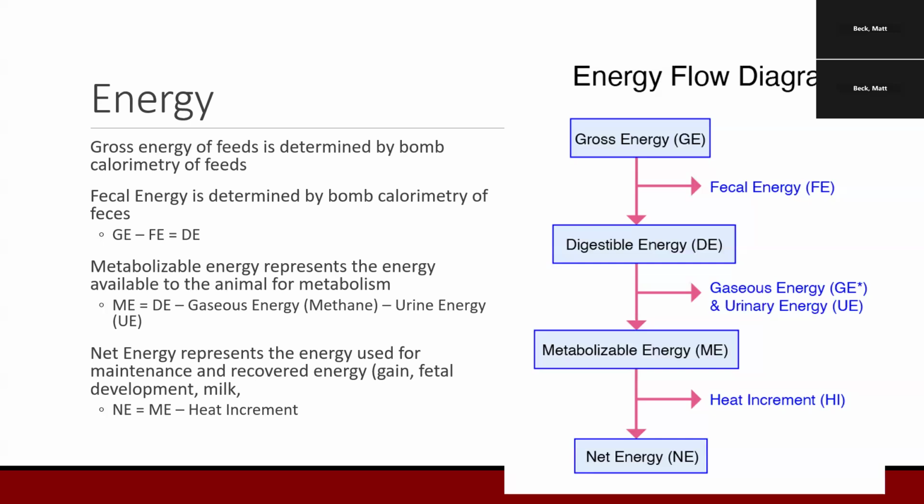ME minus heat increment gives us net energy, the usable energy source. That can be used for maintenance or growth, which is what we care about in this class, but also milk, fetal development, hair production, wool. Make sense? Remember this.